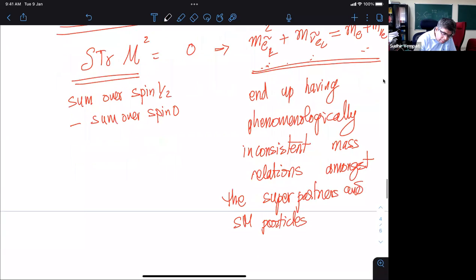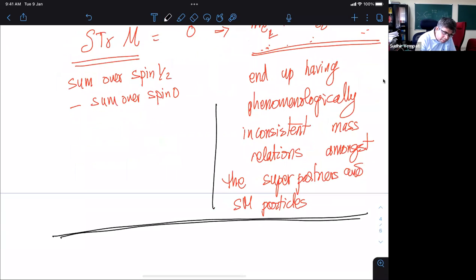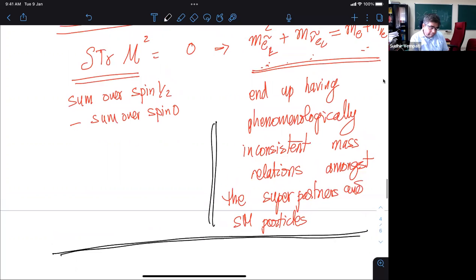So you'll have inconsistent relations amongst superpartners and standard model particles.